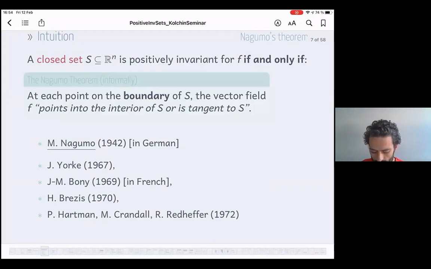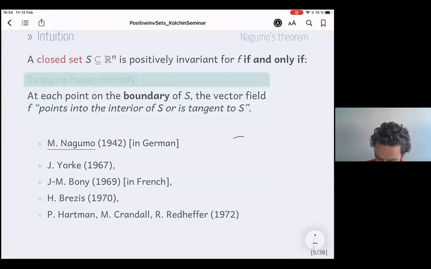I'm going to show a picture later on for some specific sets S. But the idea is, if I have a set S, this is again my potato, I don't really need to look anywhere in the set S, but if I just stick to the boundaries, and I can talk about boundaries because here I'm considering the set S as a closed set, and if the flow points in the interior or is tangent to the set S, then the set S is an invariant set.